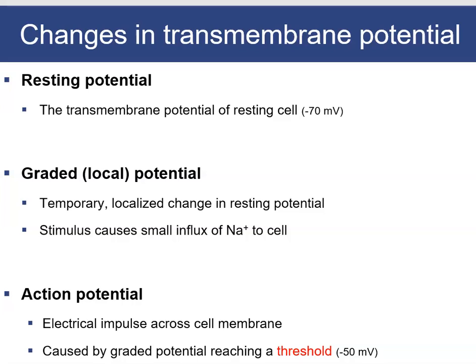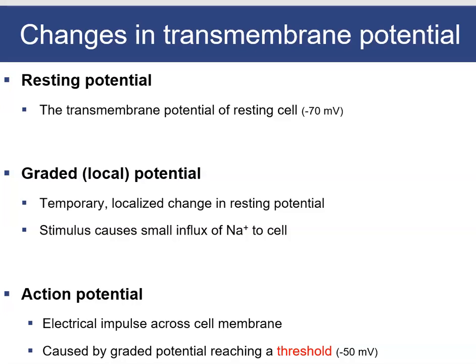A graded potential is not an action potential. A graded potential is just a slight change in that transmembrane potential. Maybe we go from -70 to a -65, okay? Slight changes. An action potential occurs when the electrical impulse moves across that cell membrane.